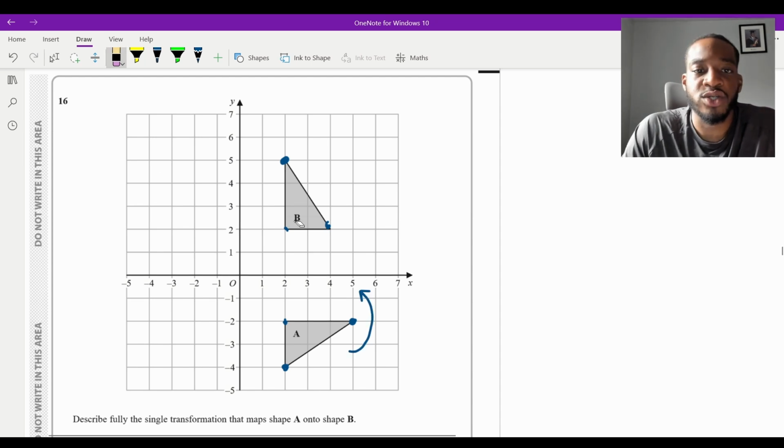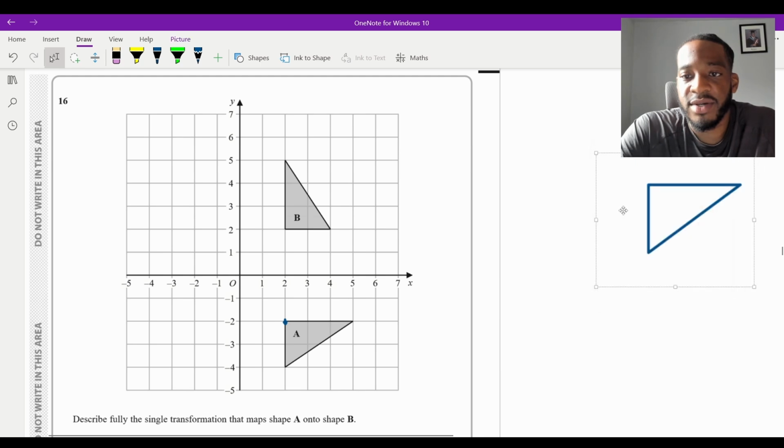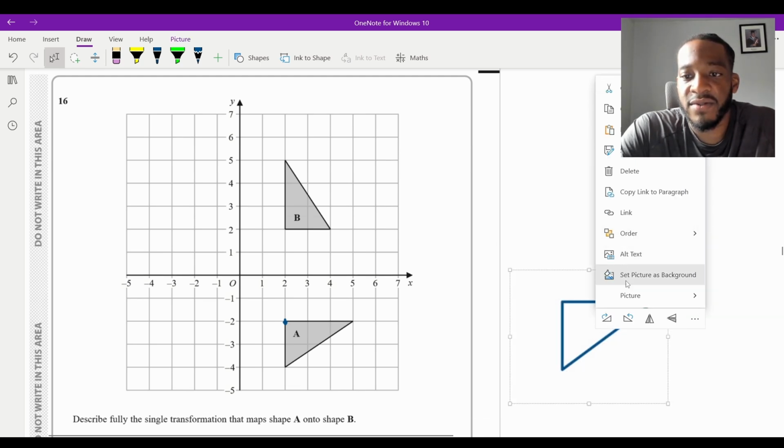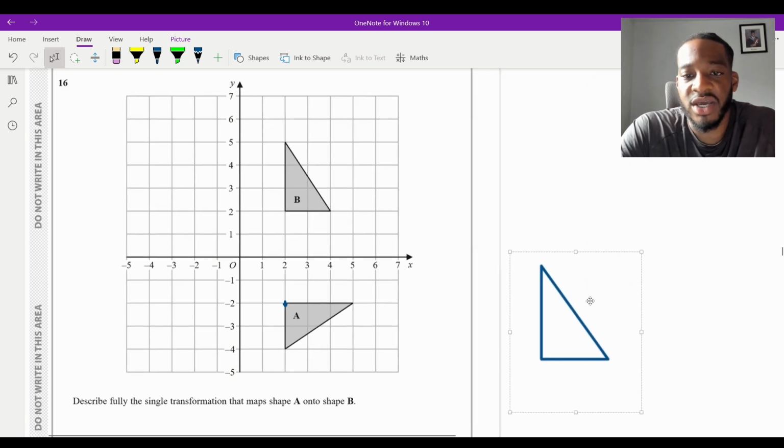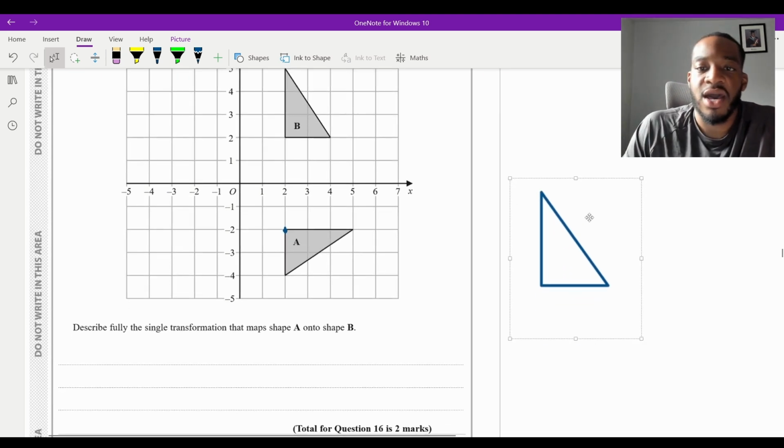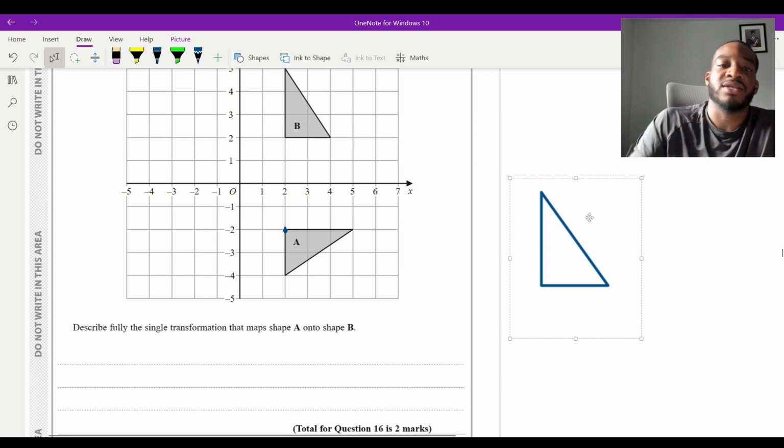I'll just show you something as well, just to really bring it home. I'm going to just paste a picture. So this is a triangle which mimics A, and if I click on this and I rotate it to the left like that, can you see it goes up to B now? So it's definitely been rotated 90 degrees, and it went to the left, so that's going to be anti-clockwise.